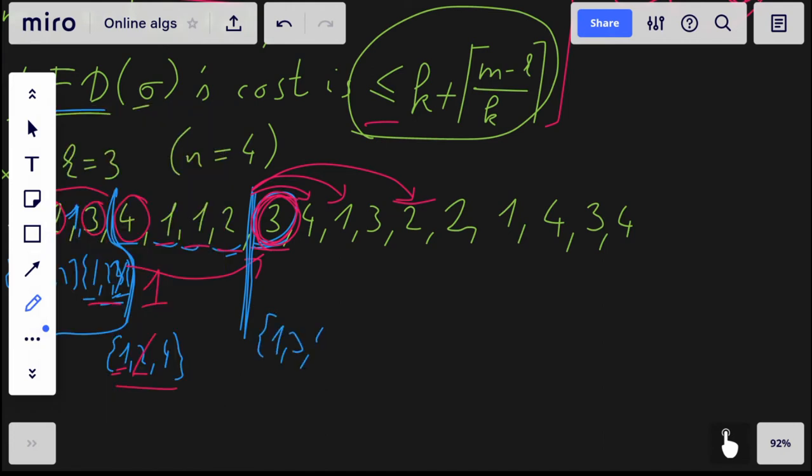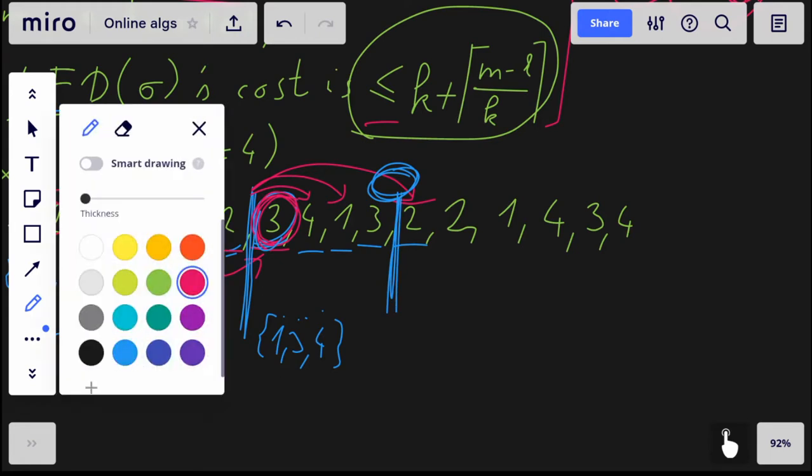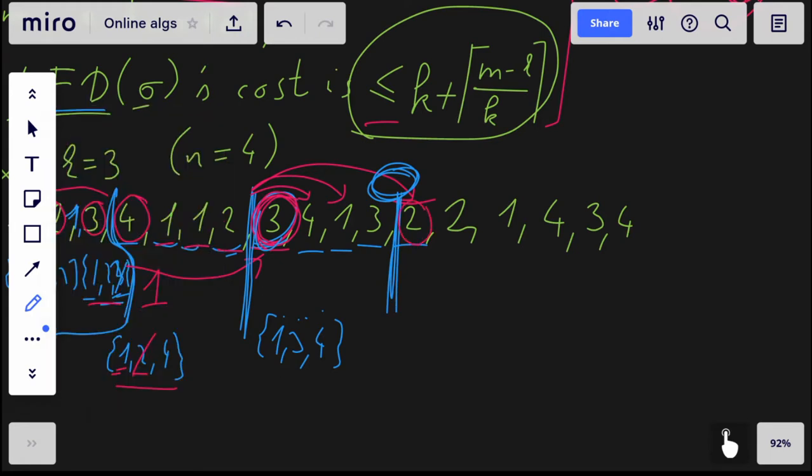I discarded the 2 and loaded the 3 which was just requested. But now again, here is the 4, it's in the cache. Here is the 1, it's in the cache. Here is the 3, it's in the cache. And then I arrive at this 2, which was just discarded because it was the farthest away. So I mark again an end of this phase, and then I'll have to pay for this one.